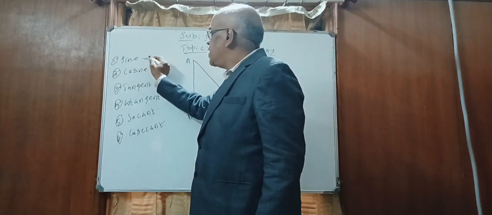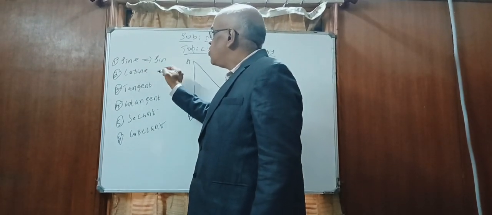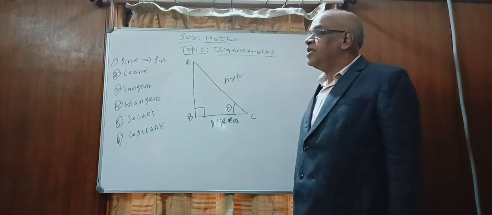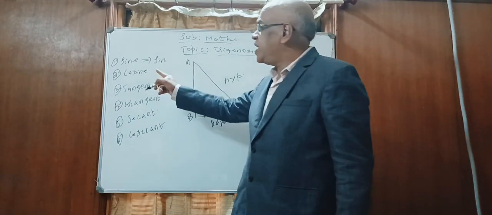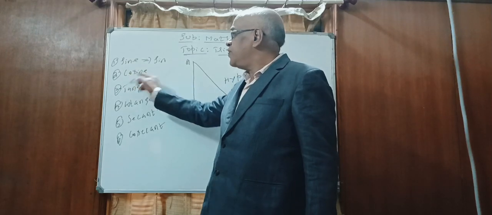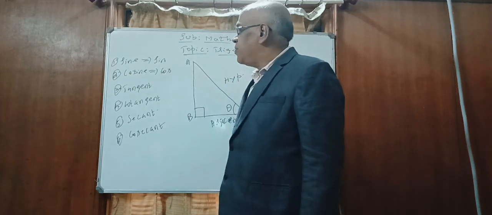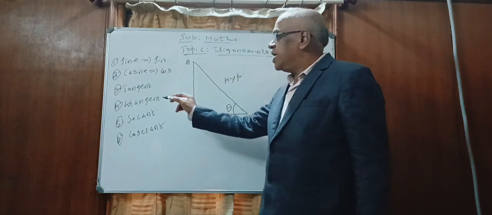The short form of sine is sin. How to pronounce it? Many students pronounce it as sin, not sin, sine. What is cosine? Cosine is the co-ratio of sine, therefore it's called cosine. Short form or abbreviation is cos. Third one, tangent.